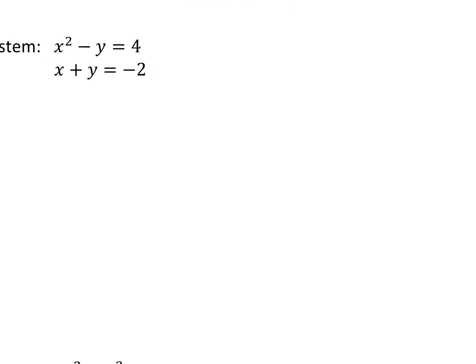So first thing, if I'm doing substitution, then I need to have something that's either x equals or y equals. It doesn't matter what you choose, but I would probably choose the y in this case. So maybe look at this second equation. How would I get y by itself? I subtract x. So y equals, if I subtract x, it would be negative x minus 2.